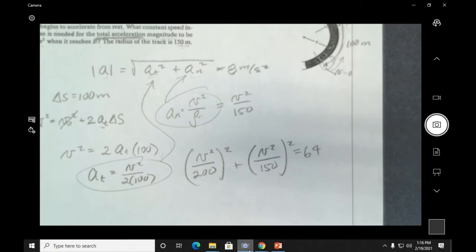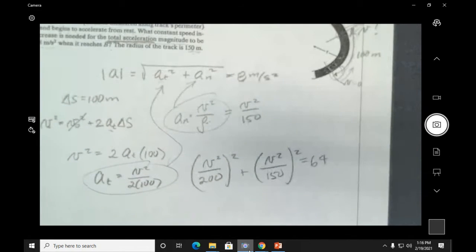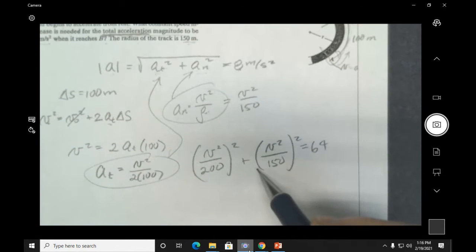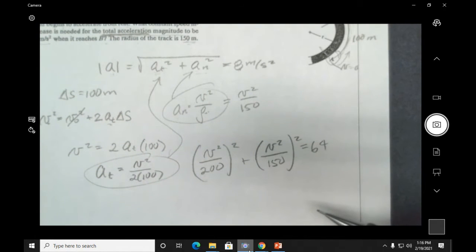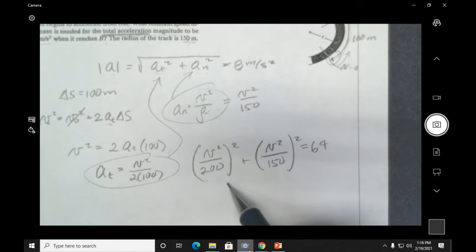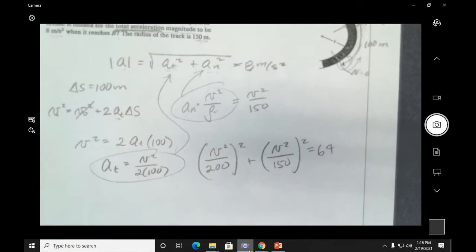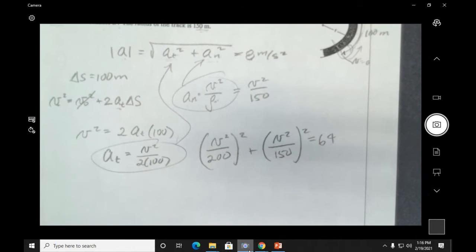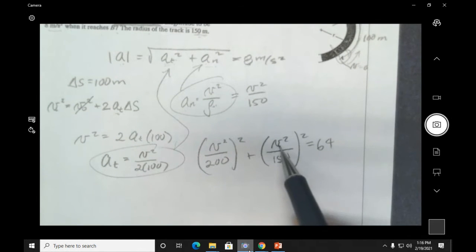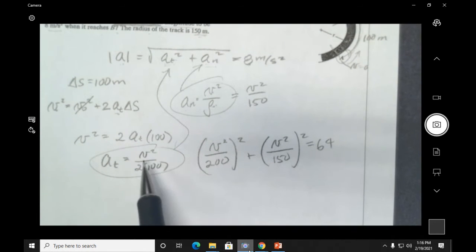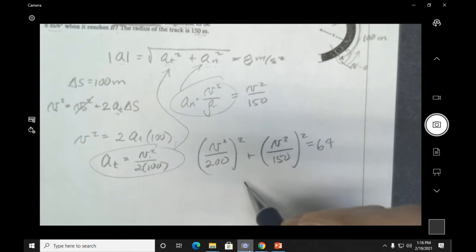And what I can do right here, now I can play around with this and find out what the velocity is. Now, when you see the posted solution later, they did not approach it in the same way that I did, but I think mine will be better, because I'm going to find what this velocity is, and then I can just plug it back into here.